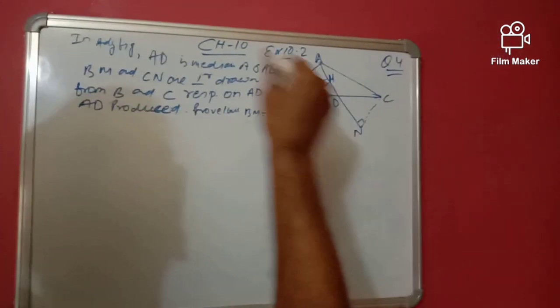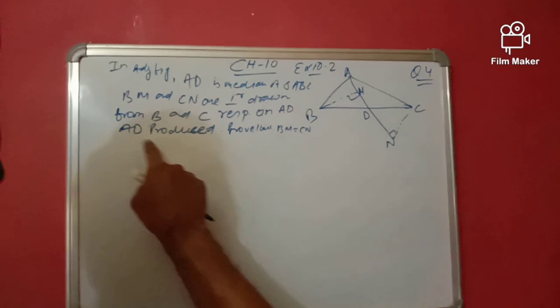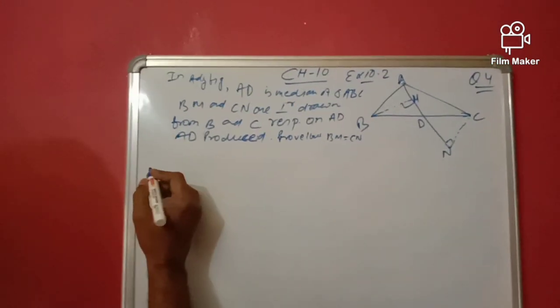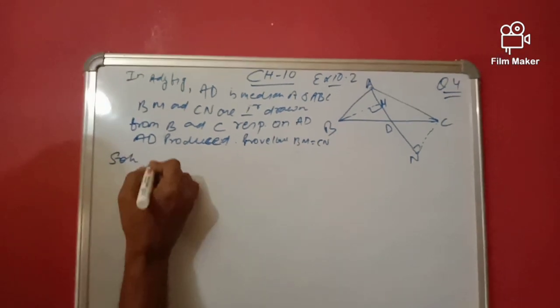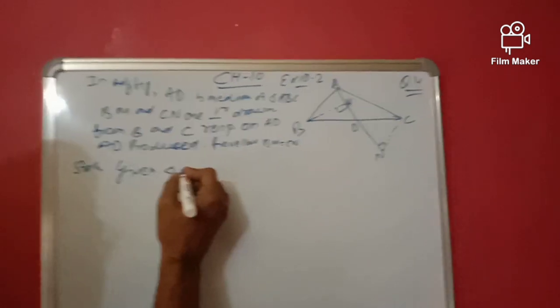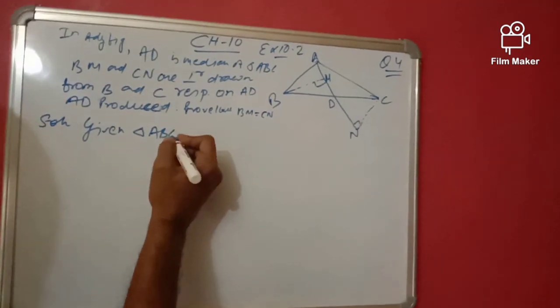So first of all, we have to write whatever the given conditions are in the figure. Write down the solution. Given in triangle ABC, AD is median.